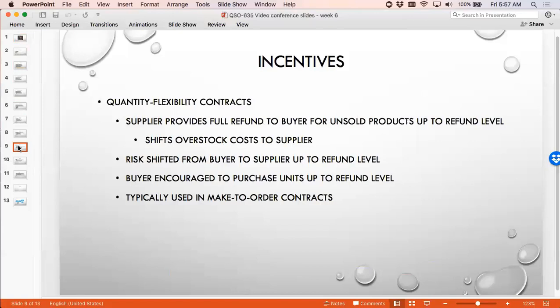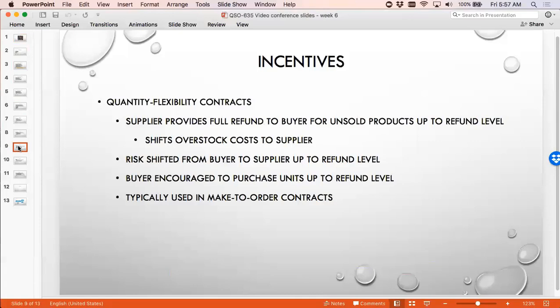So go ahead and buy 1,200, and if you sell 1,100, great, we'll buy back that 100. If you only sell 900, we'll buy back those 300, at the cost that you paid for the products from us.